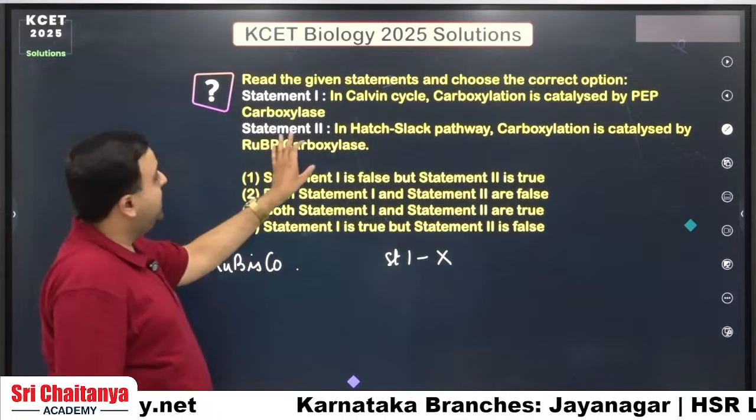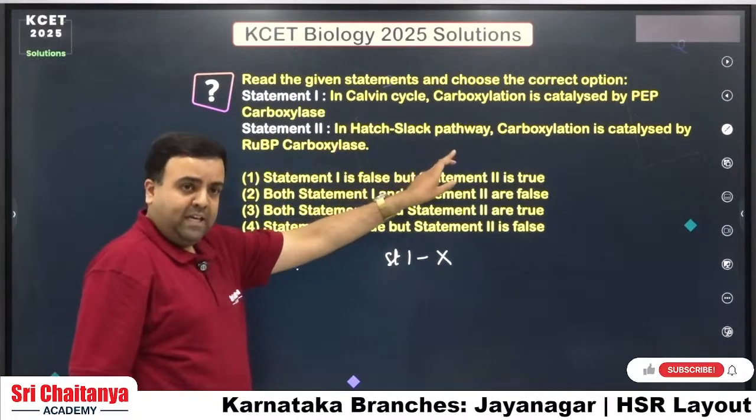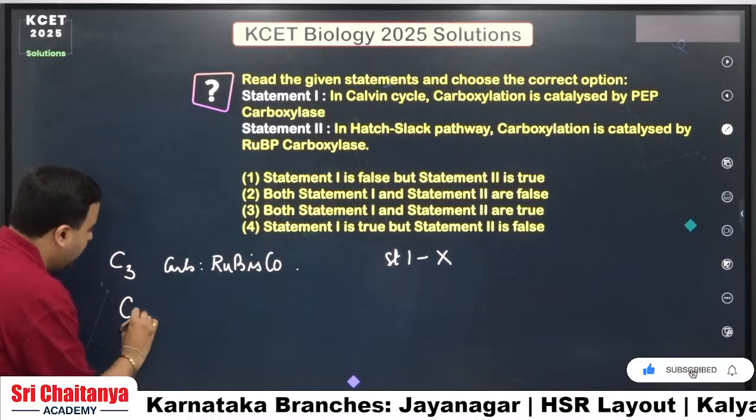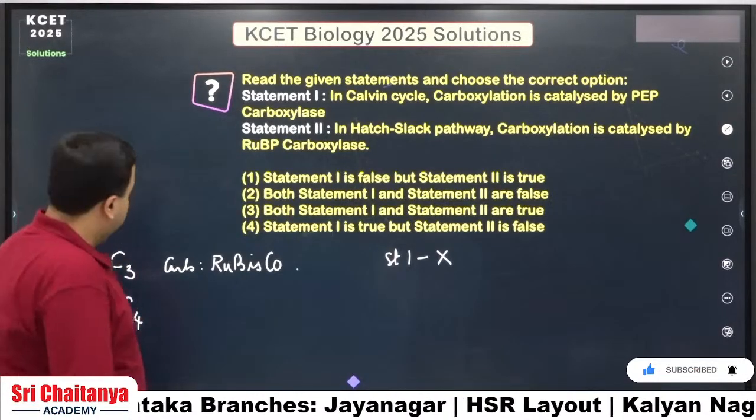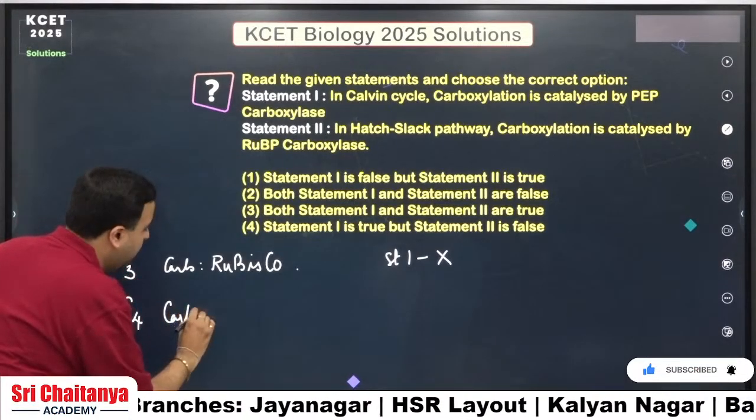Now let us look at statement 2. In a Hatch and Slack pathway, that means it has to operate in the C4 plant. Here the carboxylation, we have two of them.